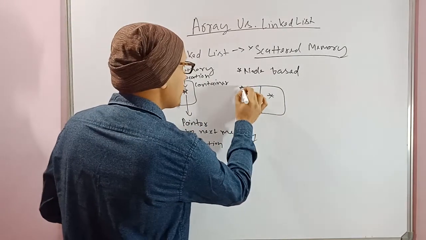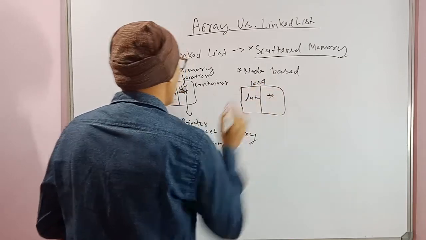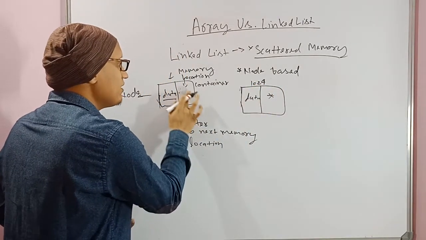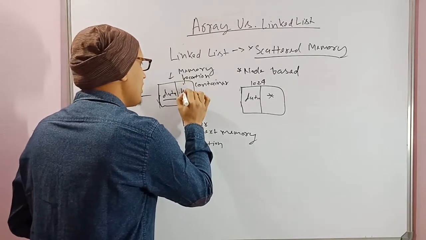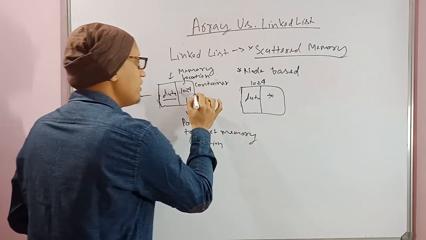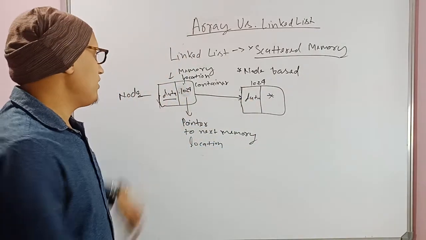So if suppose this memory location is something 1024, so when I'm saying that this is a memory location container or pointer, so I can say that this will be storing 1024, and virtually we can point it like this one, that there will be a data.